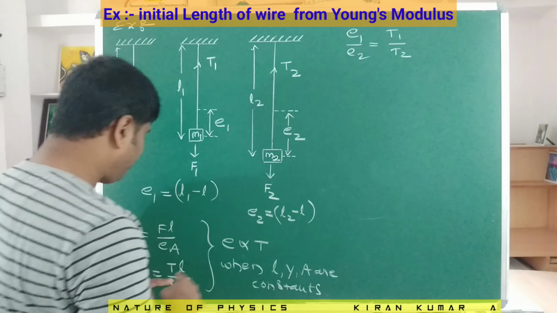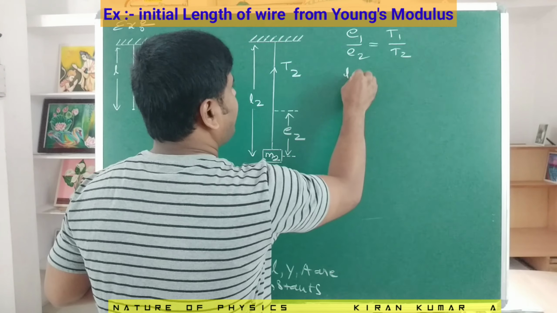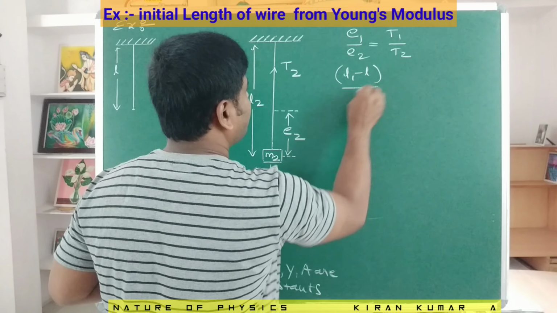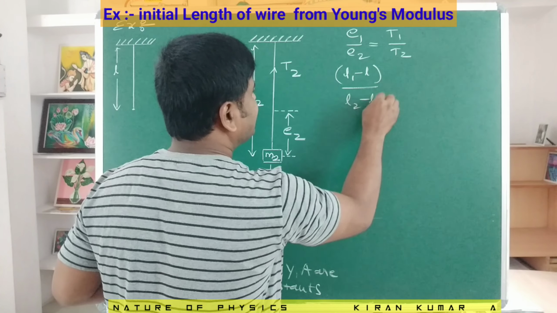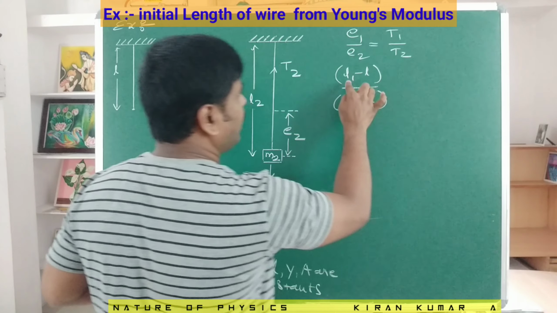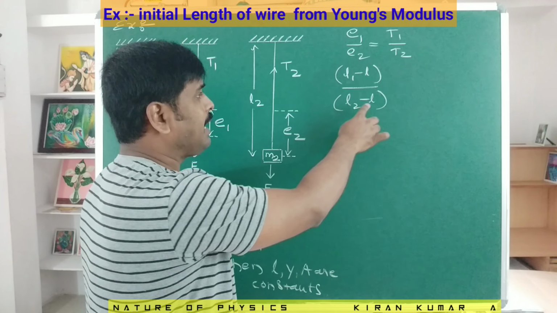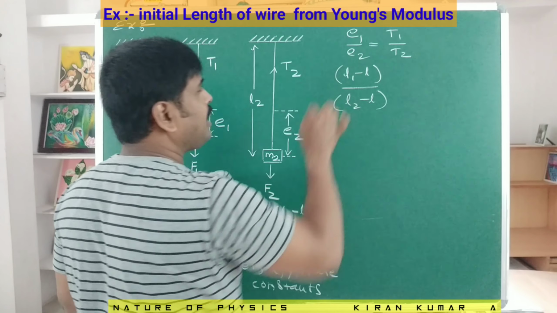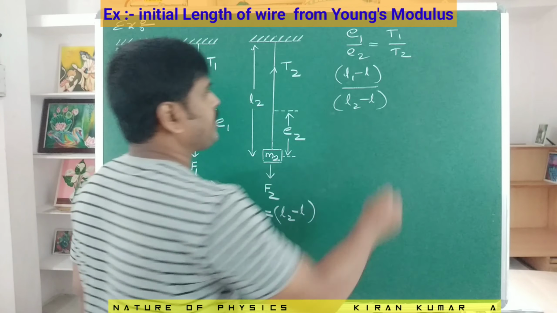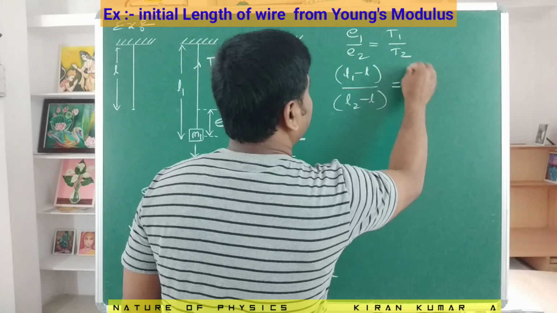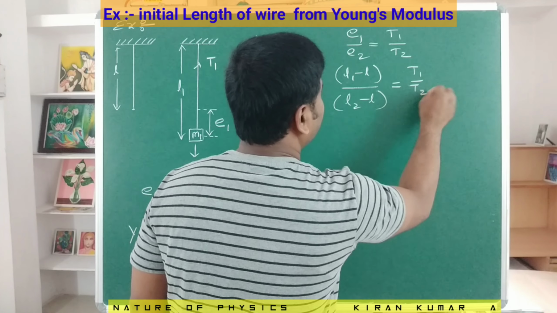So E1 value is L1 minus L and E2 value is L2 minus L, so L1 minus L divided by L2 minus L for E1 and E2 respectively, which is equal to tension T1 divided by T2.